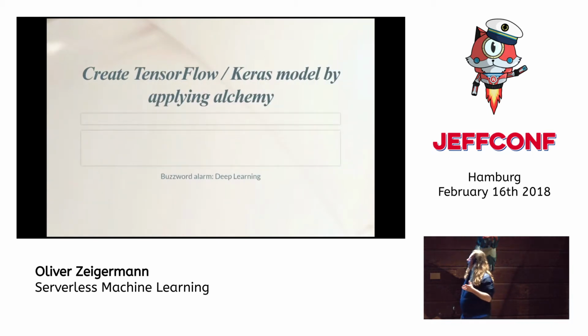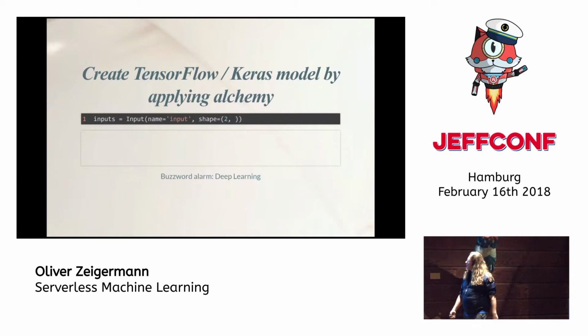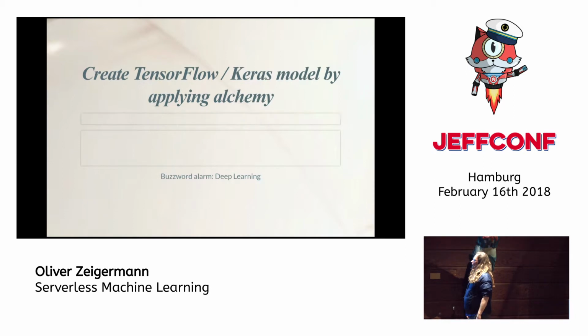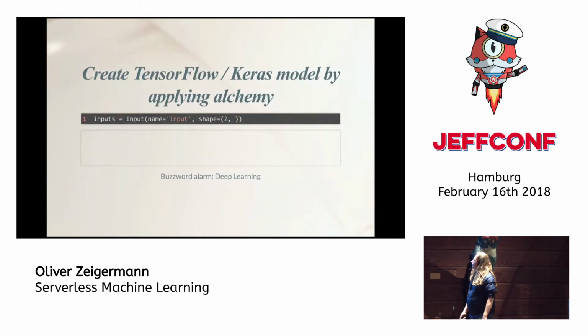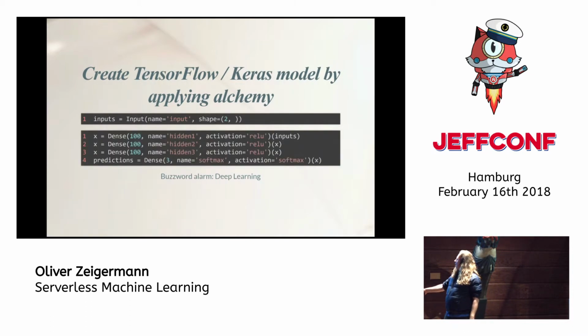But what I'm showing is how you do this with the very famous framework TensorFlow. And it's pretty simple. I did this in Python, but you could do this, I think you could even do this in Java, maybe something else. So what you do is you say you have two inputs. And then you define a neural network, which is 3 layers, and at the end you have a predictive layer.